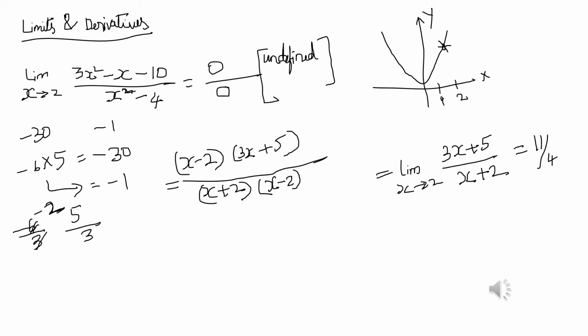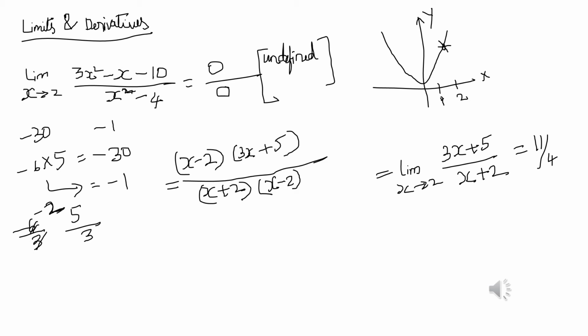You can find it in your lower classes. So I choose numbers minus 6 and 5, because minus 6 into 5 gives you minus 30, and when you add these two numbers, minus 6 plus 5 gives you minus 1. That's what I have shown here by putting an arrow below.